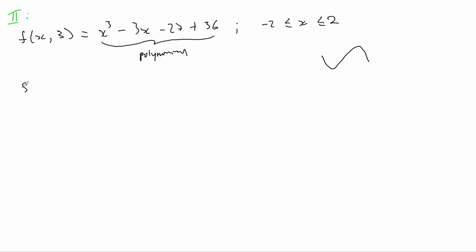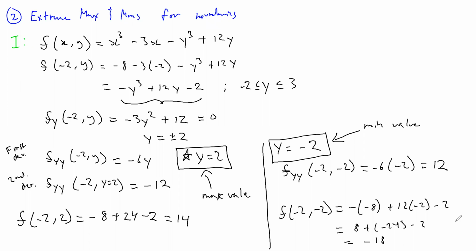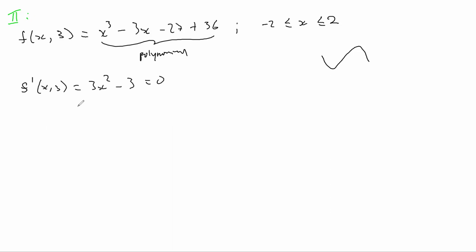So f prime of (x, 3) is going to be 3x squared minus 3, which is equal to 0. And so my critical points are at x is equal to plus or minus 1.